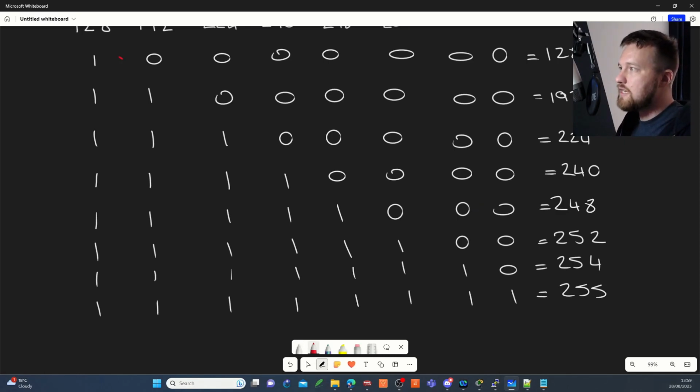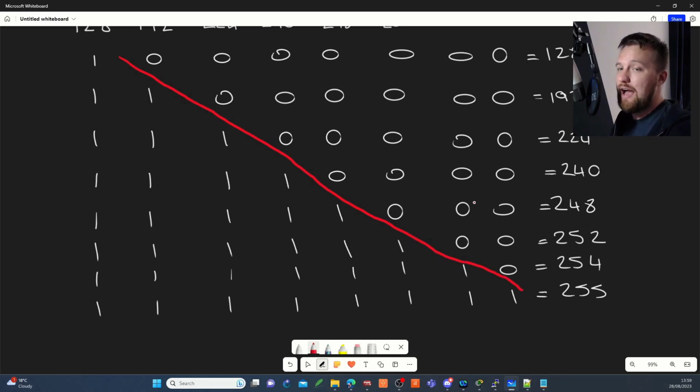So here we can see we have this lovely little pattern that's developed where we get all the way up to 255, where we have a string of 1s followed by a string of 0s. The only other exception to the rule was where we would have all our 0s put in place, which would give us that 9th value of 0. And that, folks, is a subnet mask.